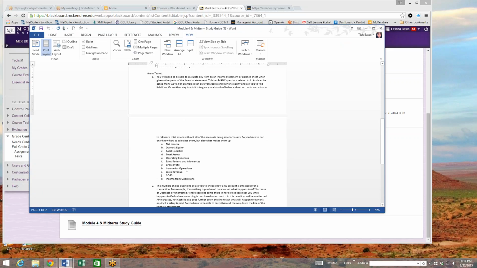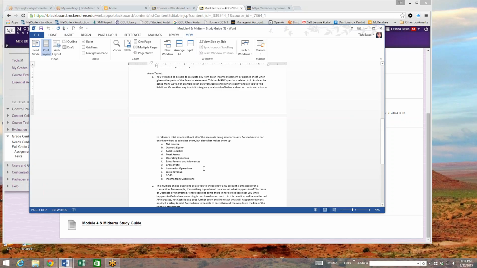Someone had asked me what formulas they needed to know. It's not so much formulas, it's more of how to calculate various things like net income, owner's equity, total liabilities, total assets, all of these items mentioned here.